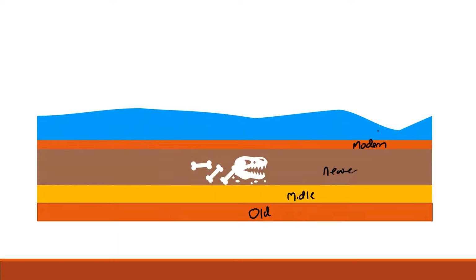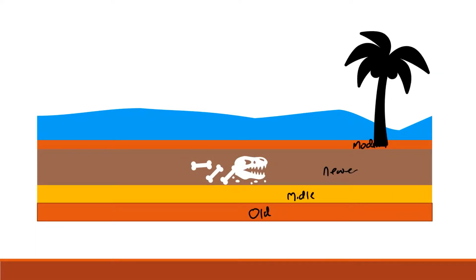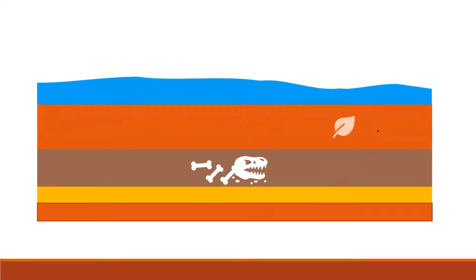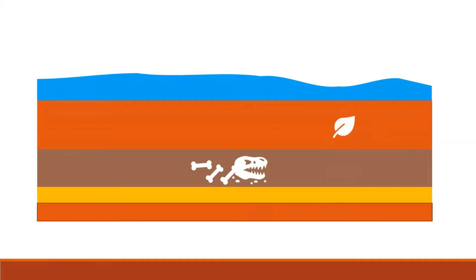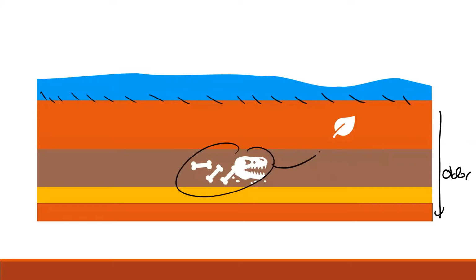Let's just say that we then grow a tree here, and then the tree dies and falls down, and then we get another layer, and then there'll be some more rocks that form here, and so on and so forth. So as we go down, these are older. If we look at these rocks, the dinosaur is older than the plants.